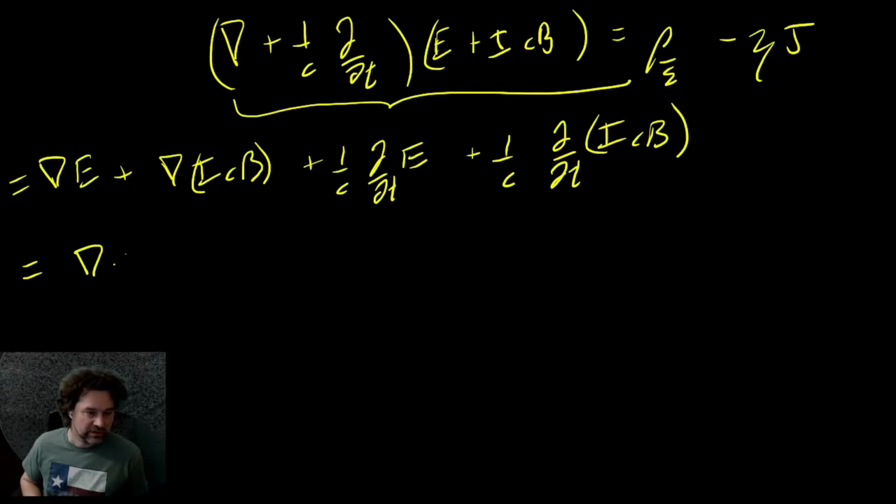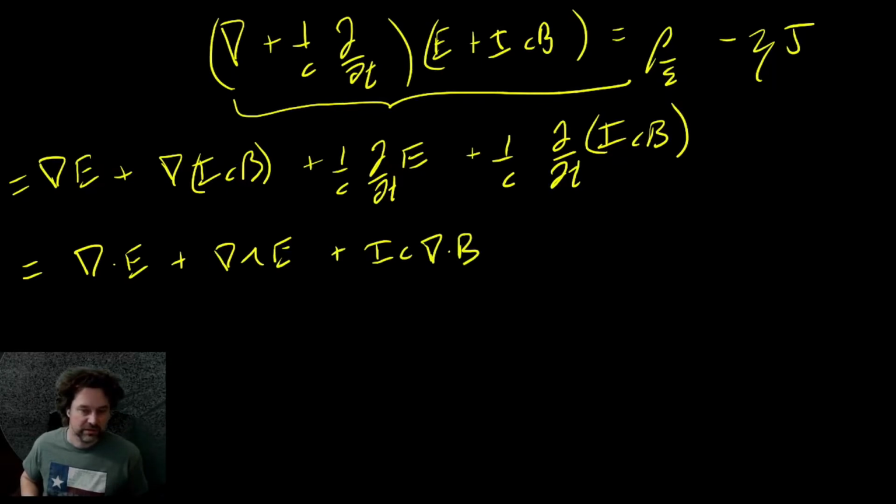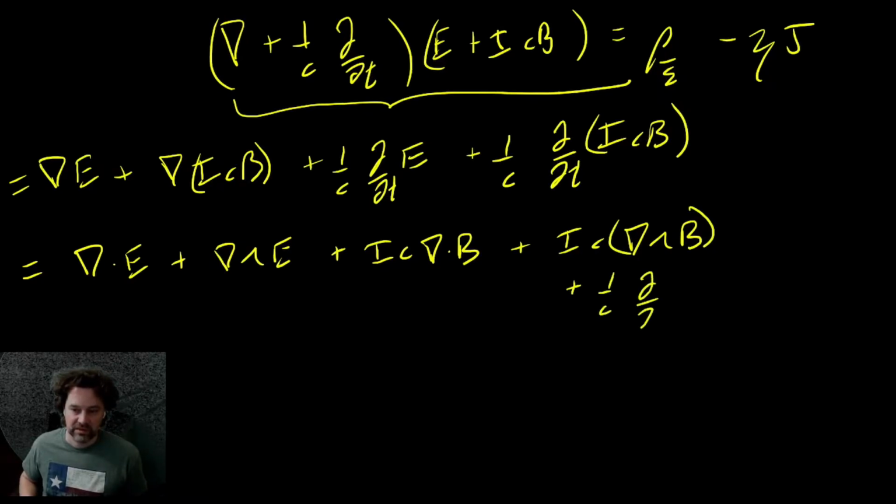So grad dot E plus grad wedge E plus I C grad dot B plus I C grad wedge B plus 1 over c d/dt E, and finally plus 1 over c d/dt of ICB.